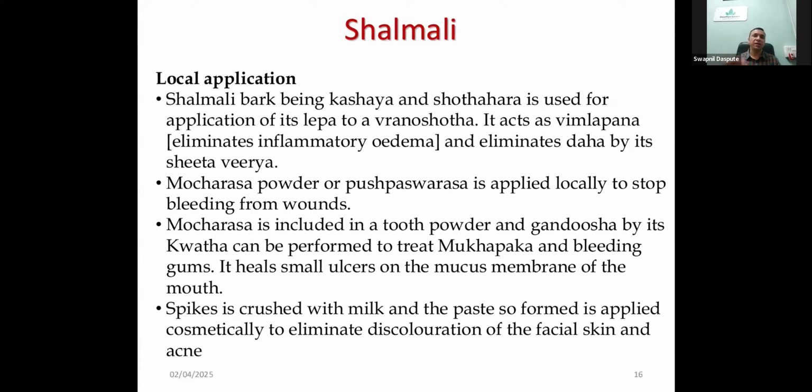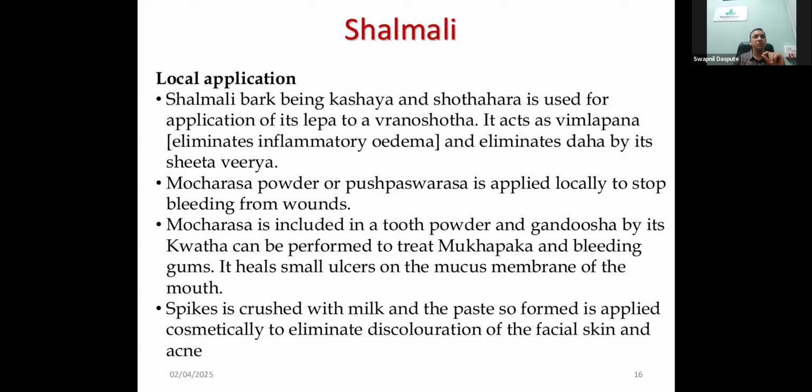You can quickly make it into a powder, in water also, or sprinkle that powder on the bleeding wound. It will immediately start its action and stop bleeding. As it becomes wet with blood or water, it becomes sticky, pichila. Hence, pichila is one of the synonyms used for it.